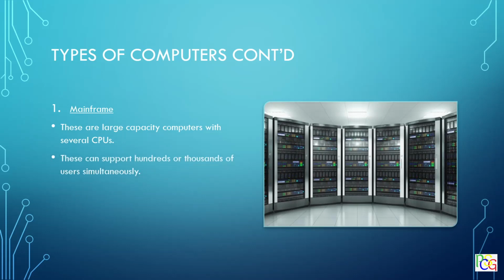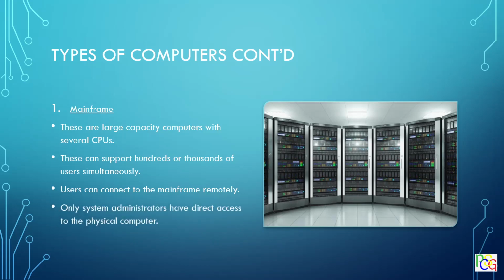They can support hundreds or even thousands of users simultaneously. Users can connect to the mainframe remotely, however, only system administrators have direct access to the physical computer. So these mainframe computers would probably be used by banks or big business companies. Exactly. Large organizations and big businesses would use mainframes.